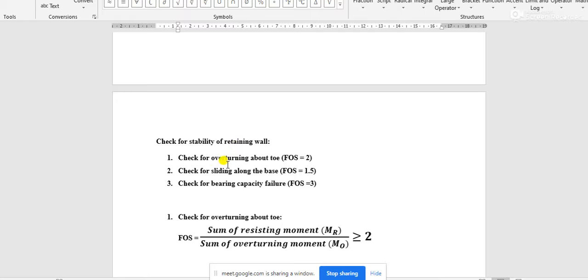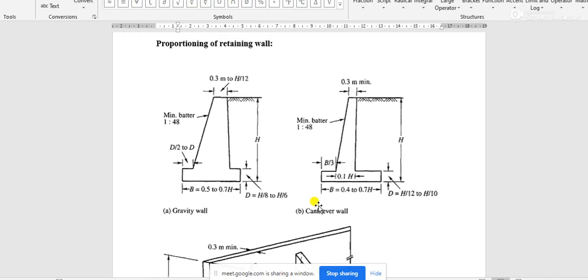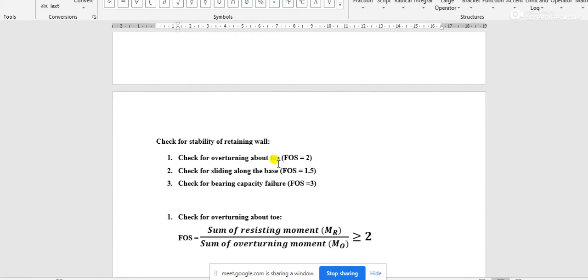Now coming to these three points. Overturning, if you can see this figure, is about the toe. This is very important.